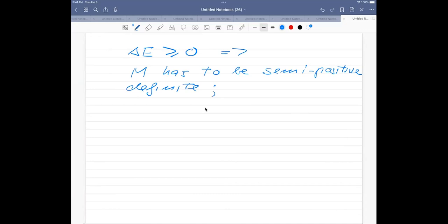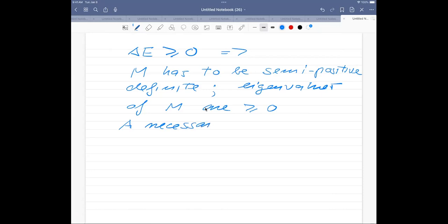Which means that the eigenvalues of M are larger than or equal to 0. Now, a necessary but not sufficient condition is that the diagonal matrix elements are larger than 0.